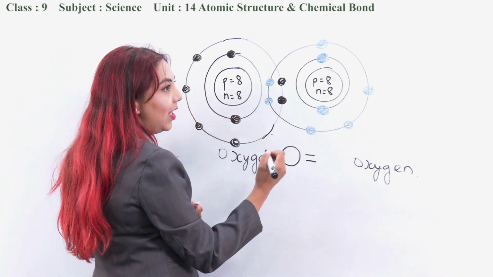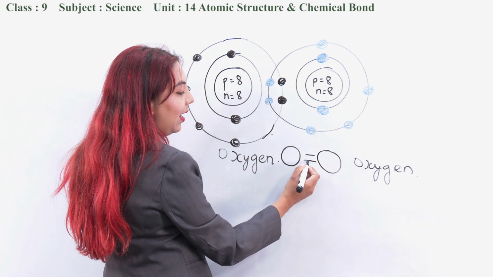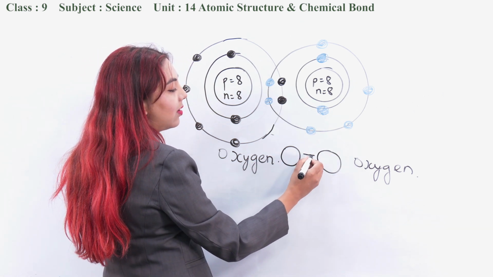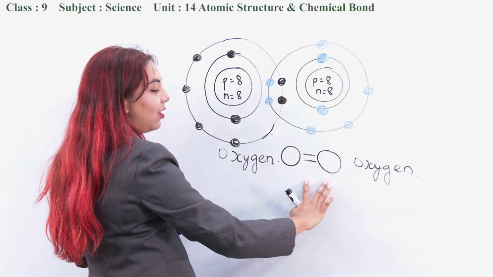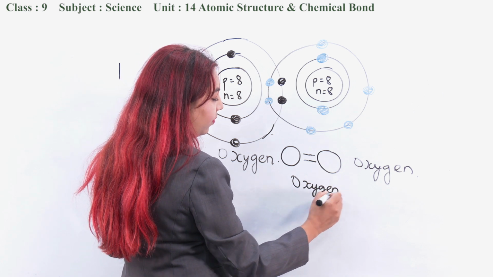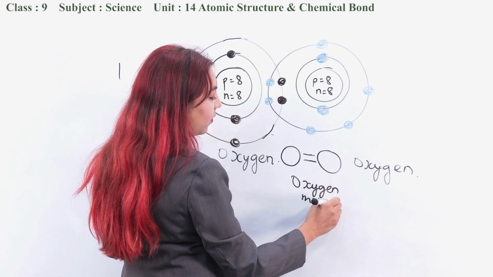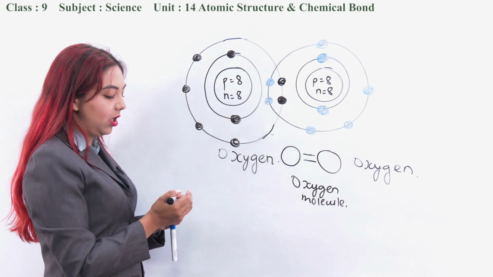A covalent bond is represented by 2 straight lines between the atoms, and this is the representation of the covalent bond between the 2 oxygen atoms that forms an oxygen molecule. This is why an oxygen molecule is a covalent compound.